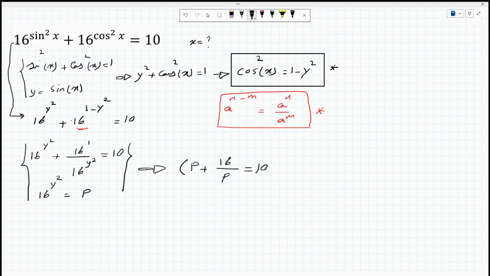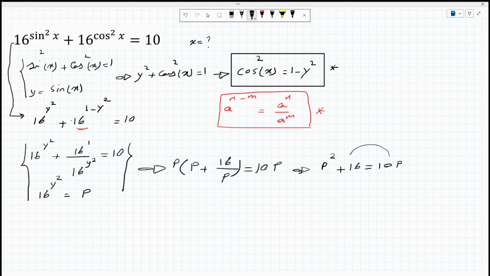Then I will multiply both sides of this equation by p, so this gives me p² plus 16 equal to 10p.